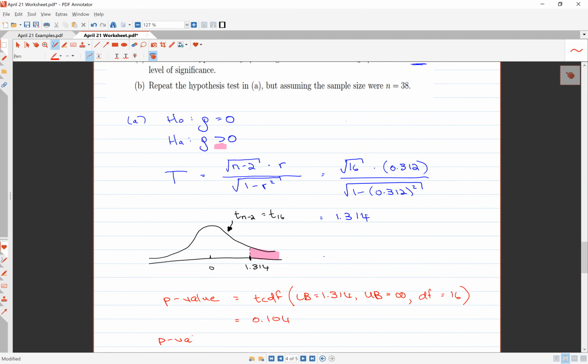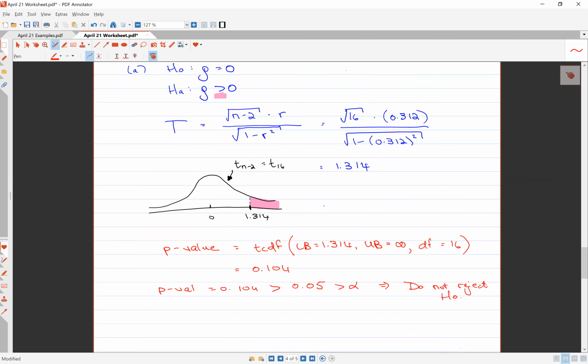So the p-value in this case exceeds the 5% threshold, so we do not reject the null hypothesis. What does that tell us? The sample does not provide any evidence that the correlation is larger than 0. The population having a 0 correlation is consistent with what we see in the sample data.